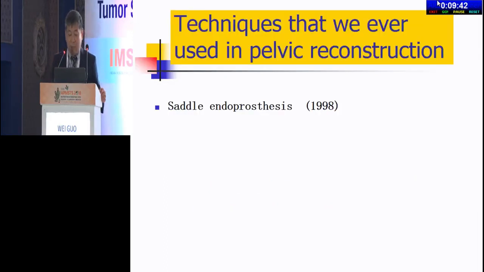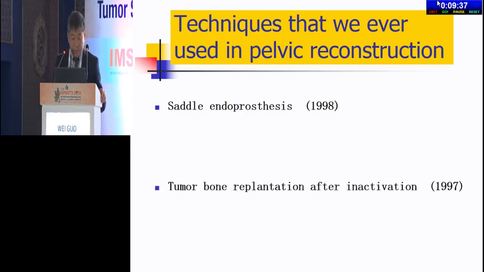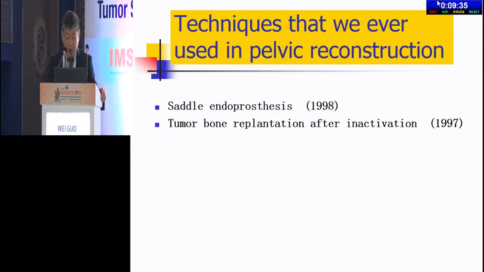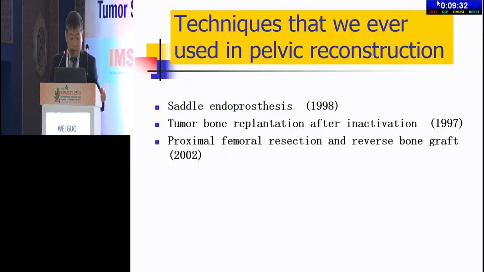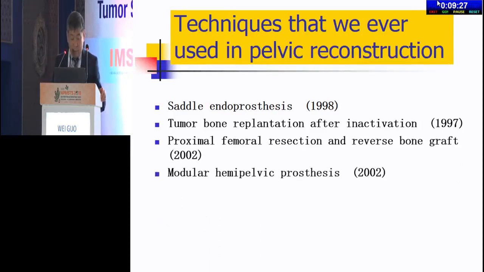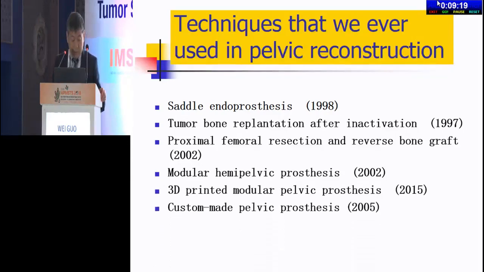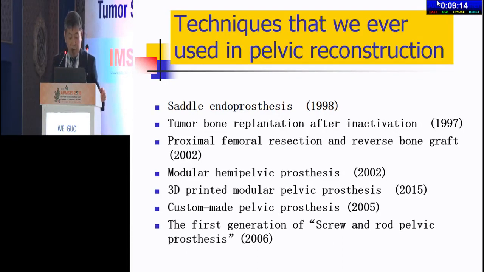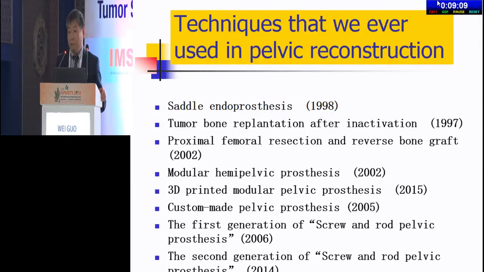The techniques we used in pelvic reconstruction include the saddle prosthesis, tumor bone replantation after inactivation, proximal femoral resection and reverse bone graft, the modular prosthesis, the 3D printed modular pelvic prosthesis, the custom-made pelvic prosthesis, the first generation screw and rod pelvic prosthesis, and the second generation screw and rod pelvic prosthesis.